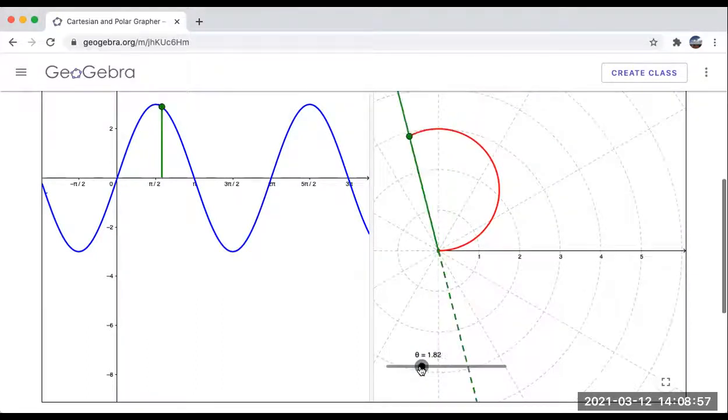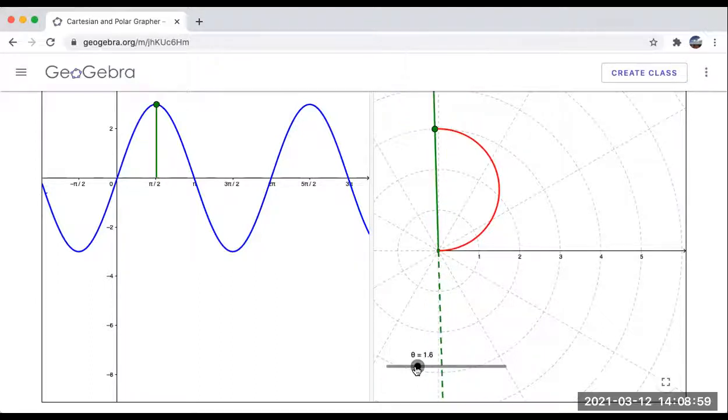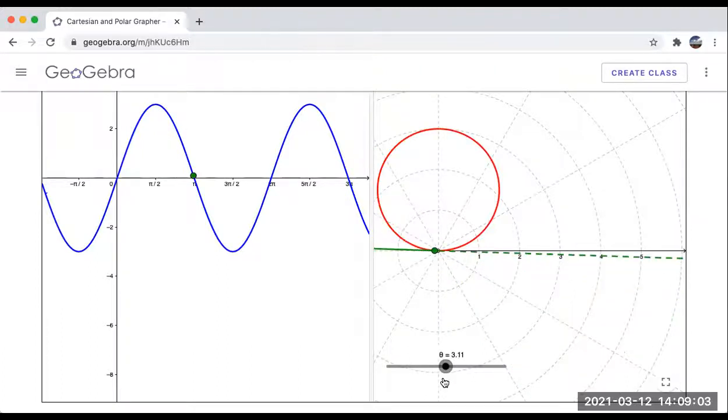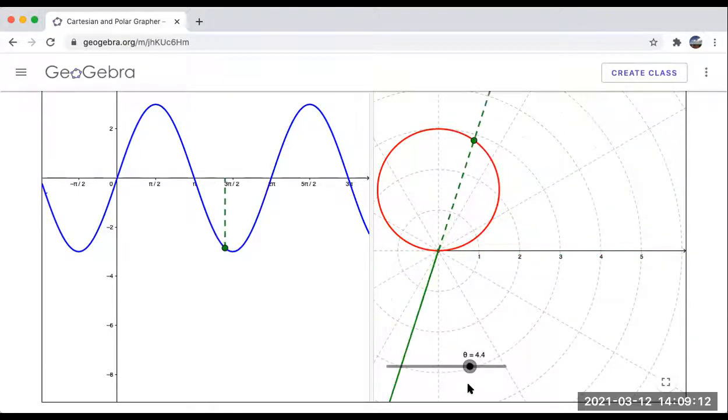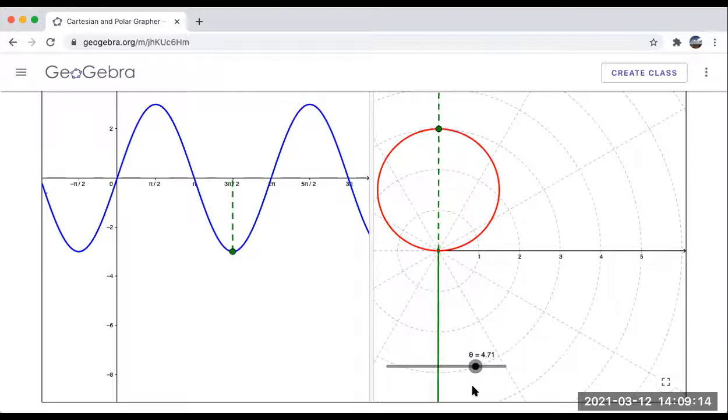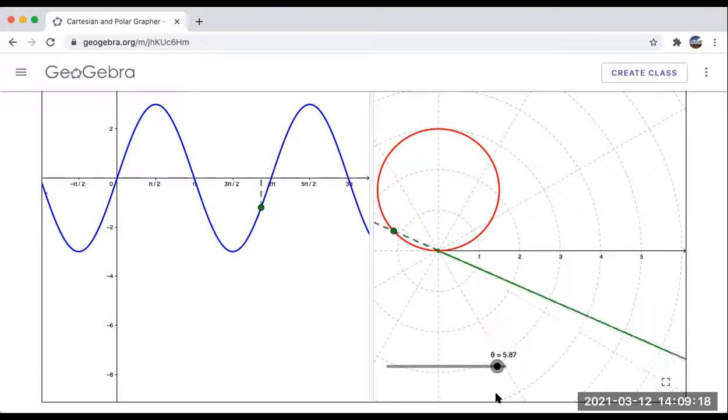Here is when theta is pi over 2. Continue going to pi, it goes back to this point. And we continue. At 3 pi over 2, it goes back to this point, and continuing to 2 pi, it covers the circle one more time. Basically, that is the idea.